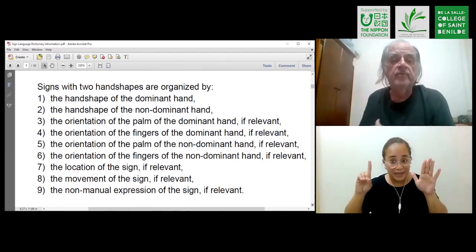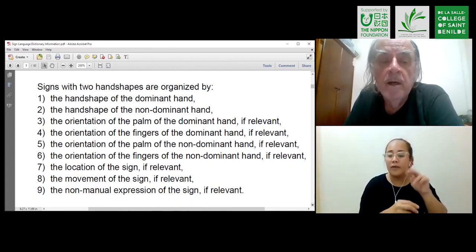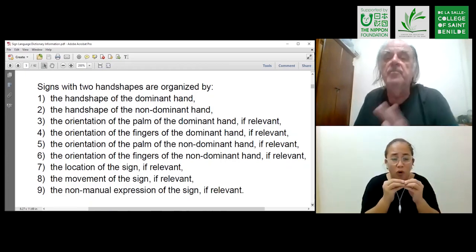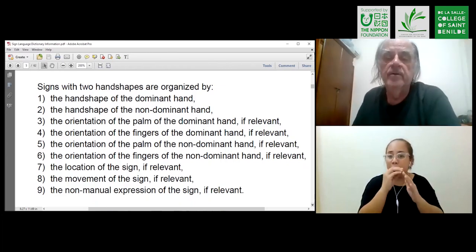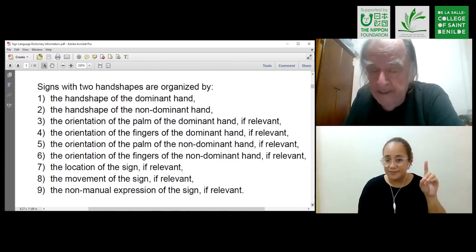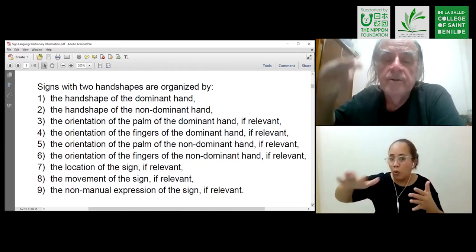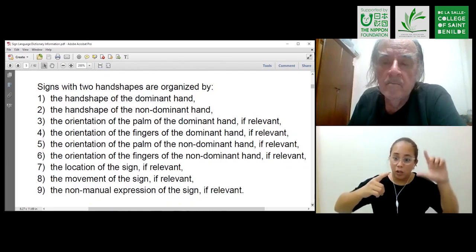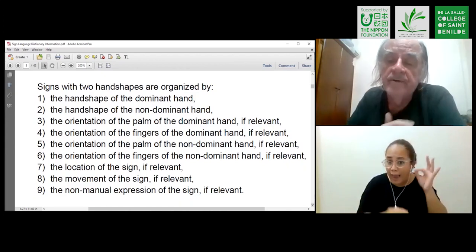And if that's not enough, you need the orientation of the fingers of the non-dominant hand. Then, if you need more, go to the orientation of the palm of the non-dominant hand and the orientation of the fingers of the non-dominant hand. And again, if that's not enough, the location of the sign goes from higher to lower. And if things are on the same level, go from right to left.